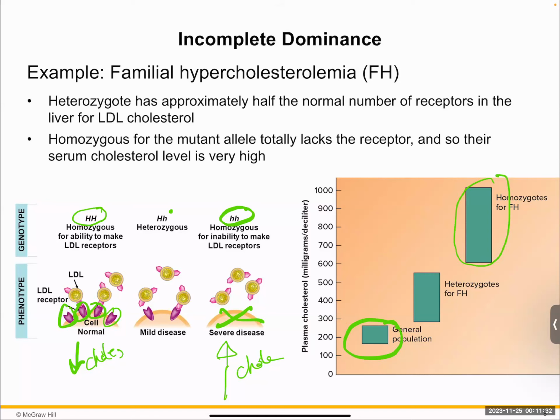Heterozygous individuals will still have elevated cholesterol, which is the picture you see in the middle. They do have receptors, but the receptor frequency is about 50%, which means they have an elevation in cholesterol, but below what's seen in the homozygous. So it's somewhere between the healthy people and the people who have the full-blown medical condition.